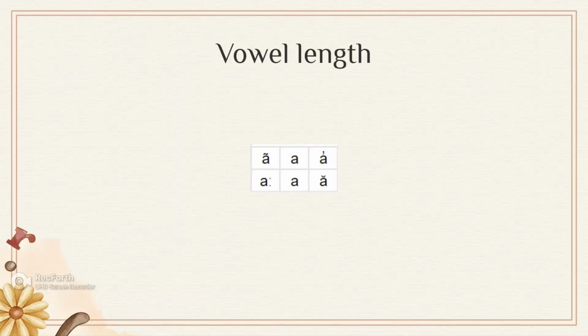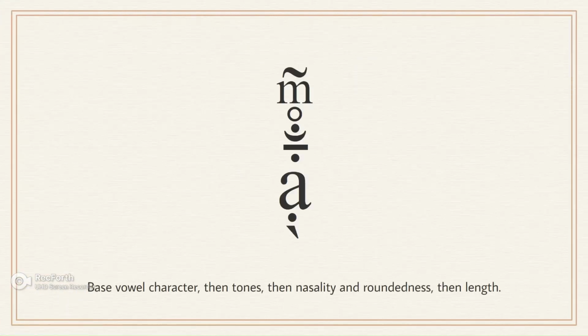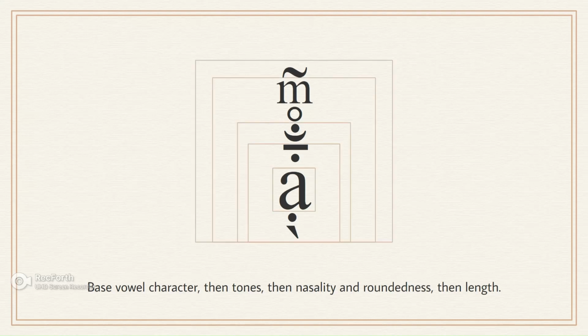Vowel length, we have long, regular, and short. Very basic. And here is how we compose a proper character. This is a legal vowel to be formed. This is pronounced like this and it's long.